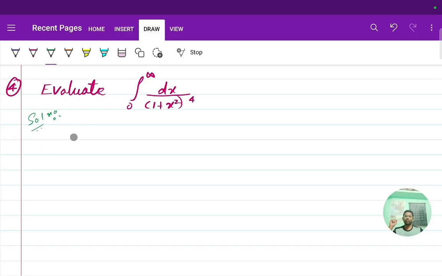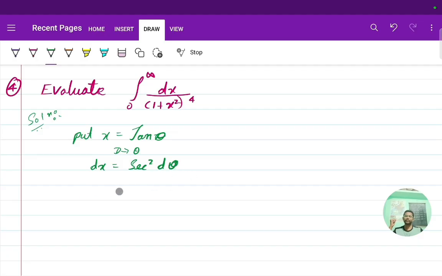Here put x is equal to tan theta. We will put x is equal to tan theta, dx is equal to secant square theta d theta, right?